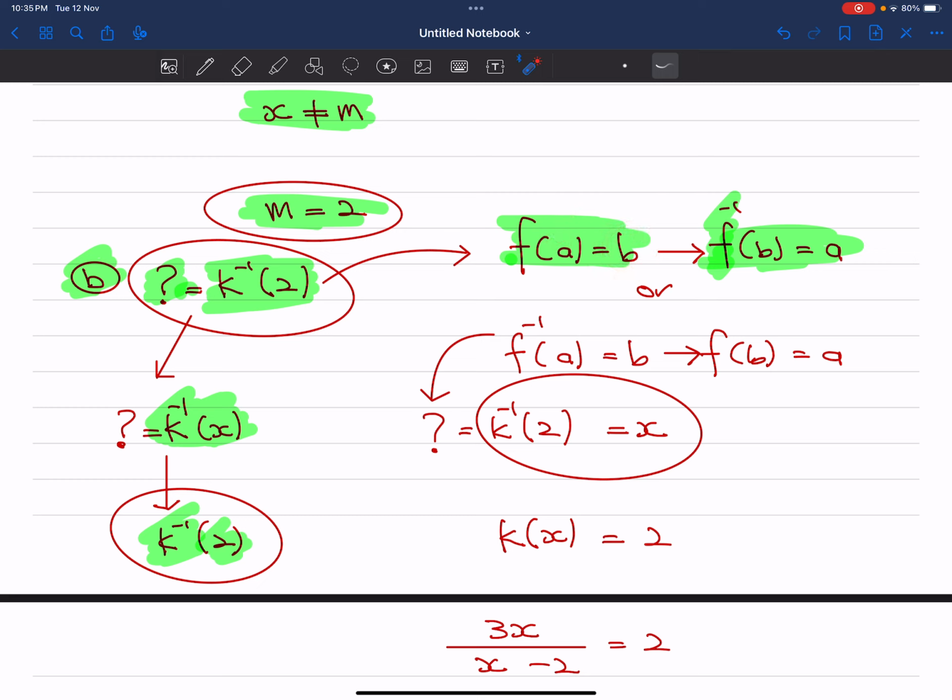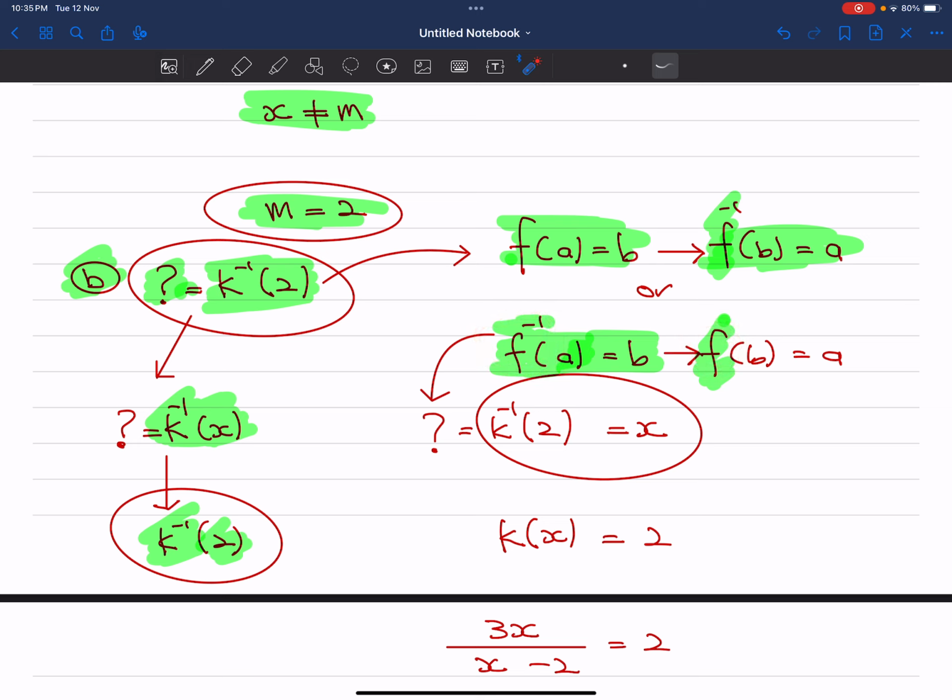Or if I have f inverse (a) equals b, I exchange the object and image, and the inverse becomes function. So basically, function will become inverse or inverse will become function when you exchange the object and image.